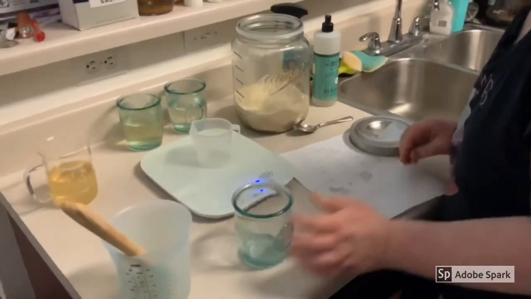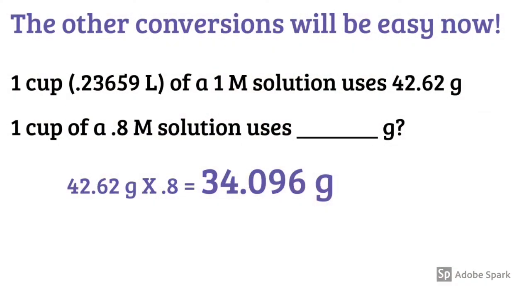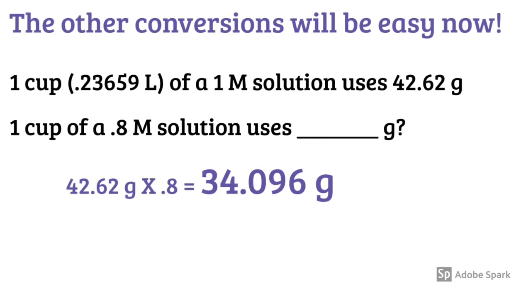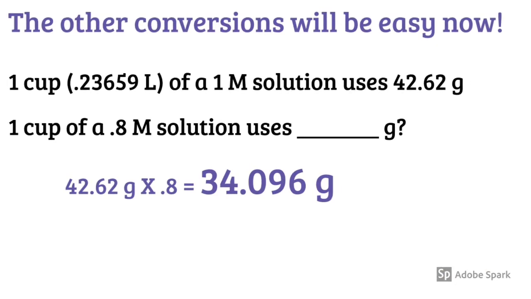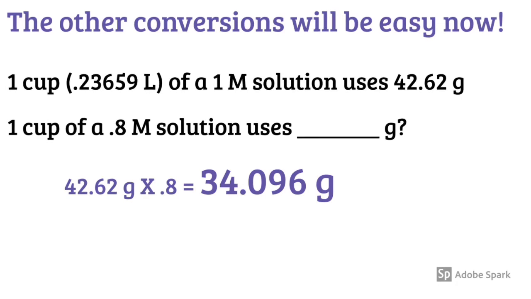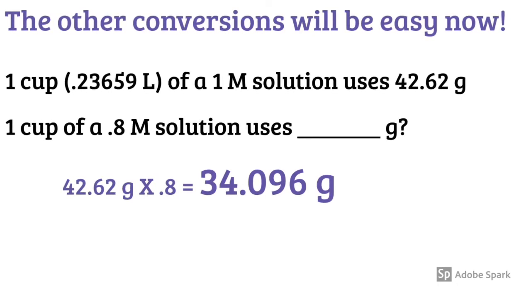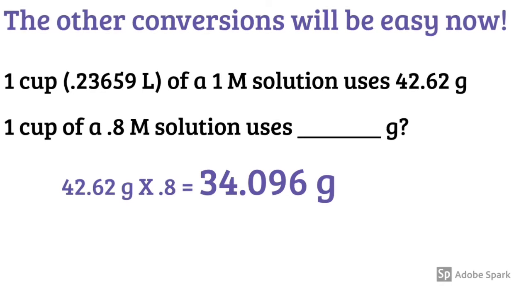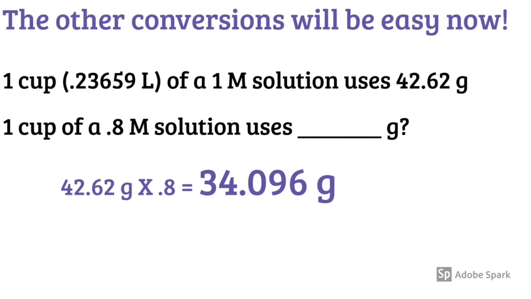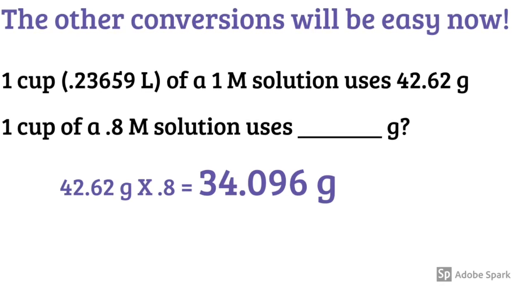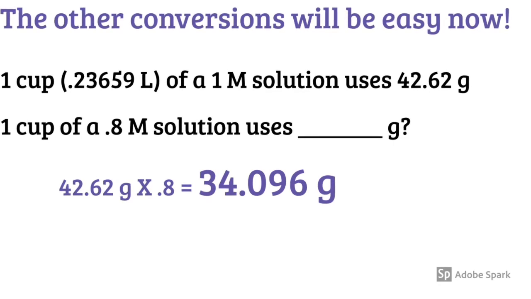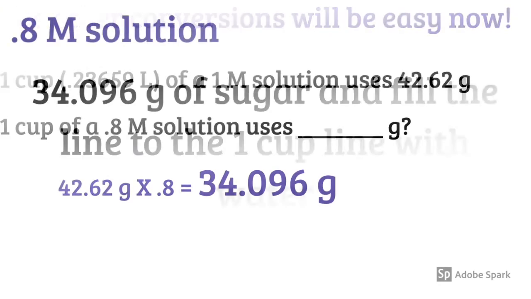There, our final solution. My final solution is going to be a 0.8 molar solution. So I still take the amount from my 1 molar, my 42.62. This time I'm going to multiply it by 0.8. So I'm going to need 34.096 grams to make a 0.8 molar solution.